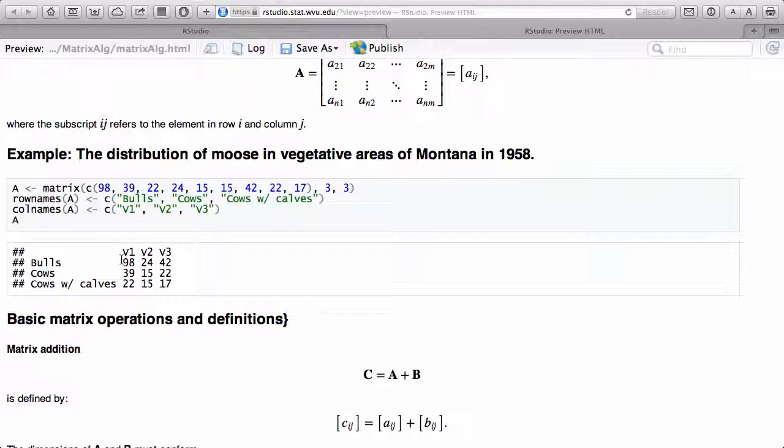For example, there were 98 bulls in vegetation area 1, and 24 and 2, and 42 and 3. That's the little 3 by 3 matrix, and notice that it was filled in by columns: the first column, then the second, then the third.